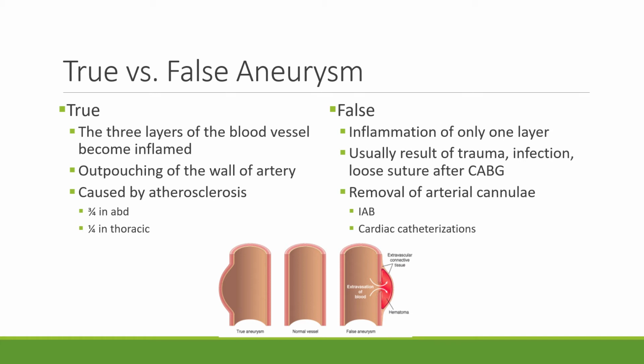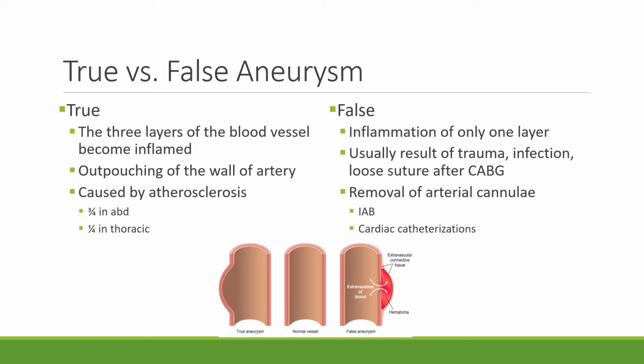A false aneurysm, sometimes referred to as a pseudoaneurysm, is not an aneurysm, but it is a disruption of an arterial wall layer with bleeding that is contained by the surrounding structures. False aneurysms will typically have inflammation of only a single layer of that vessel wall.